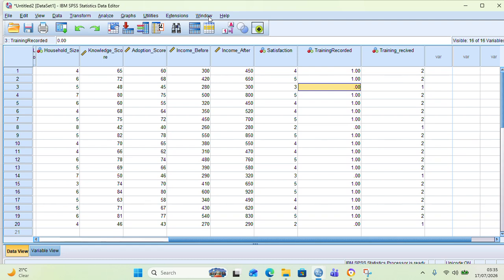So when you are interpreting the results, you look at the p-value. If less than 0.05, at least one group mean is significantly different from the others. If the p-value is greater than 0.05, there is no statistically significant difference among the group means.